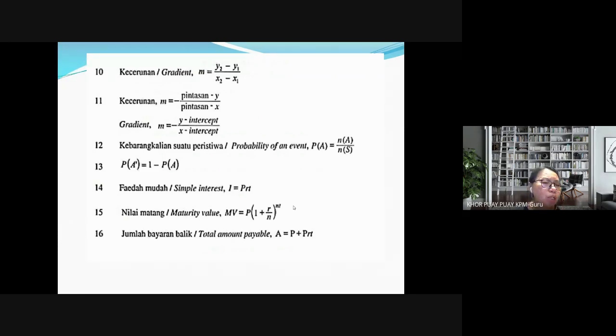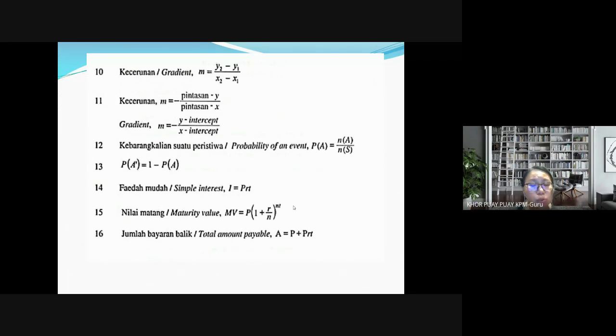Next, matured value, or maturity value. That is used for what kind of savings, everyone? Refresh your memory. MV is equal to P bracket 1 plus r over n, and then nt. In what kind of savings do you need to use this formula?